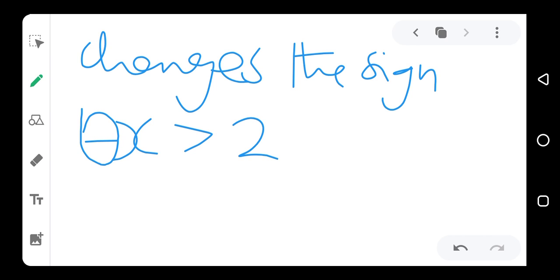If we use this negative sign and divide this side, that is -1. So it is going to be that x is less than -2.